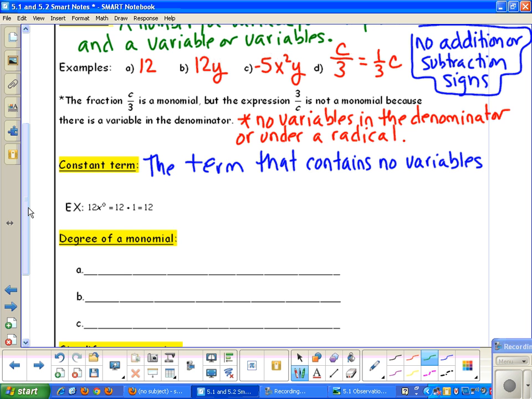Now, the next thing we need to talk about is finding the degree of a monomial term. So to find the degree, you take the sum of the exponents of the variables.